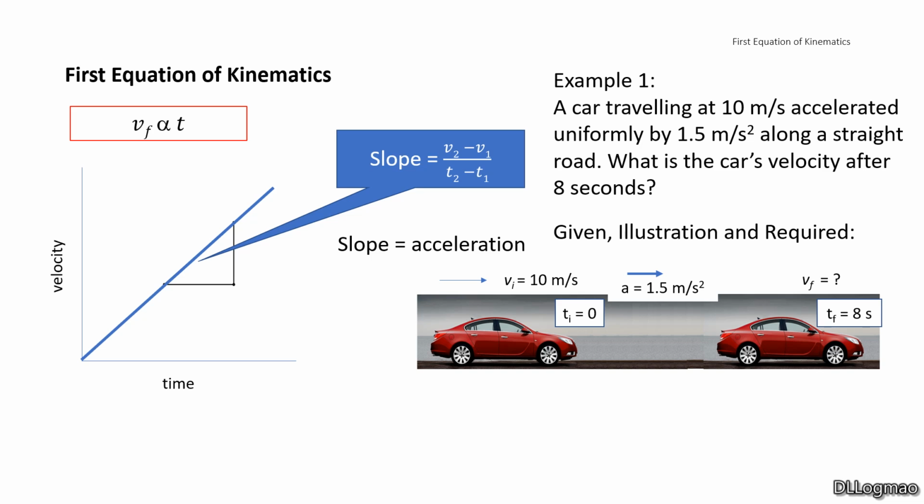The car's initial and final position at initial time t sub i equals 0 and t sub f equals 8 seconds. The initial velocity is 10 meters per second and acceleration is 1.5 meters per second squared, and the required is the final velocity of the car.